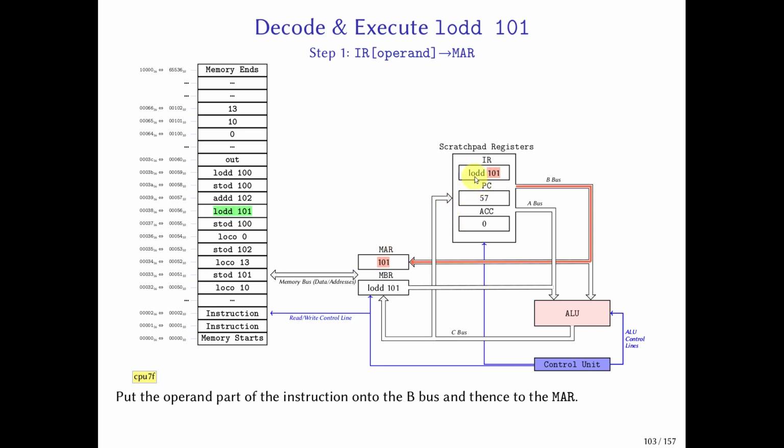So the first thing that the control unit would do is examine the machine code instruction stored inside the instruction register. It would split it into two parts, the operator and the operand. It would look at the operator. It would recognize the bit pattern for lodd, which is 0000 according to the table that I have in front of me.